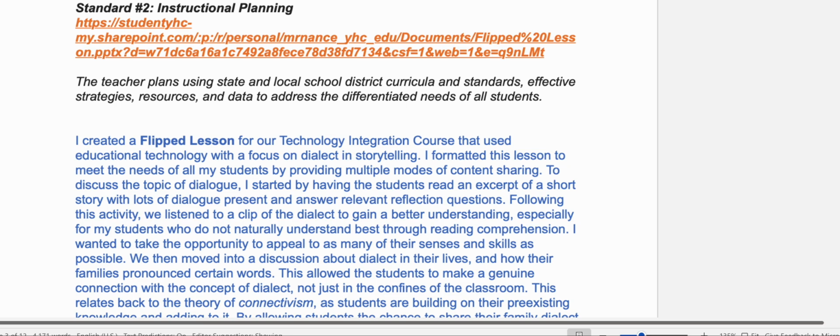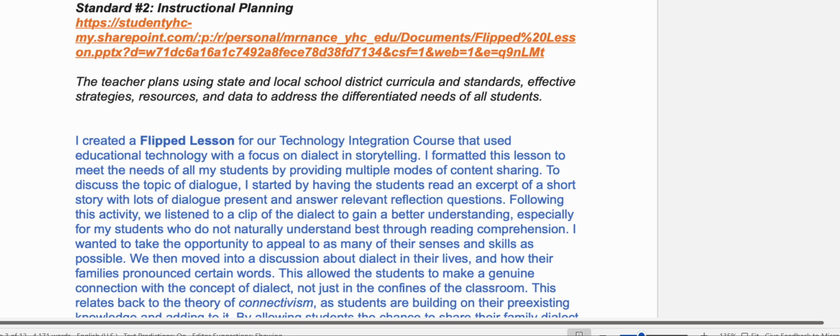My first task on the teaching practice portfolio is to rate the effectiveness of her connection making and her integration of the concepts that go with this Standard 2 instructional planning and the examples that she's able to marshal.